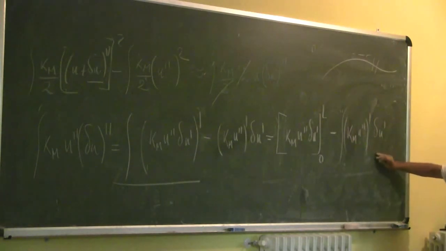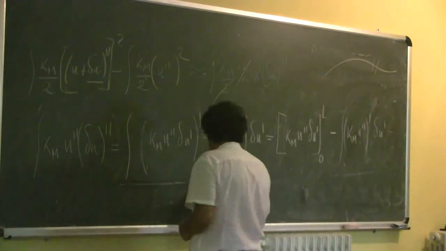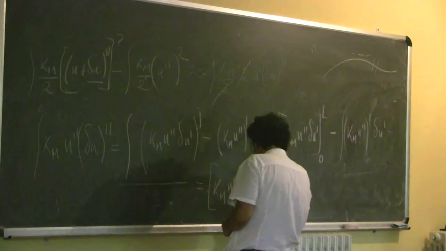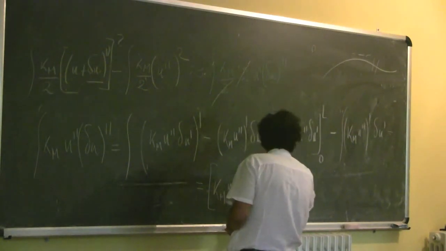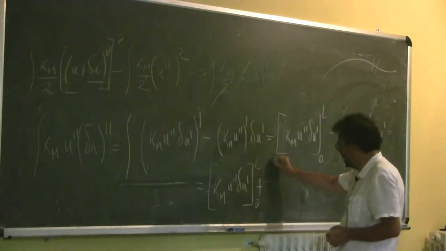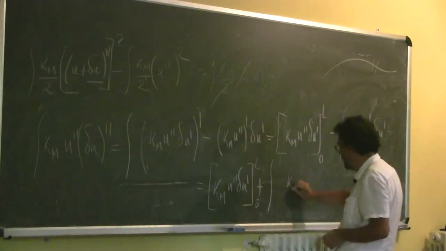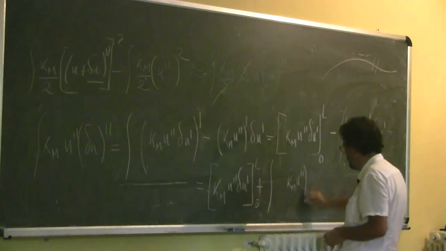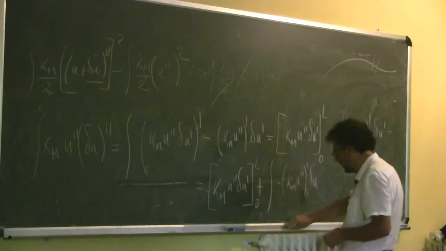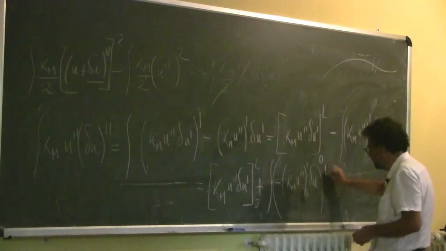Then you keep integrating by parts. So this is equal to, it is better if I place plus here, minus inside. So I write Km u second prime delta u with a minus sign here, prime.